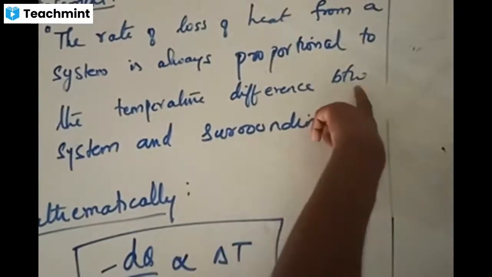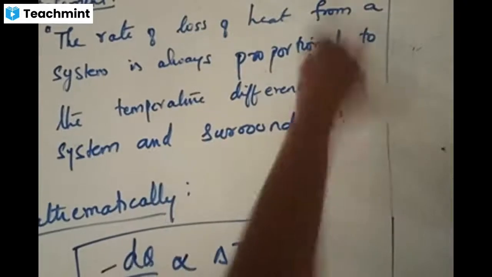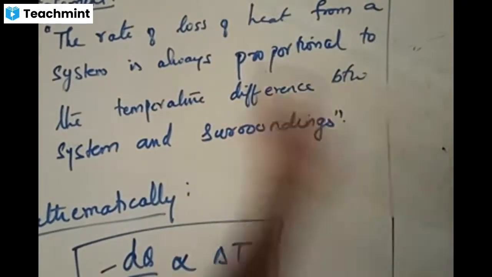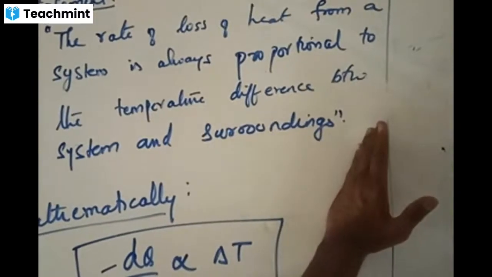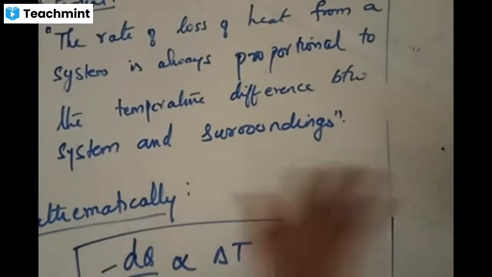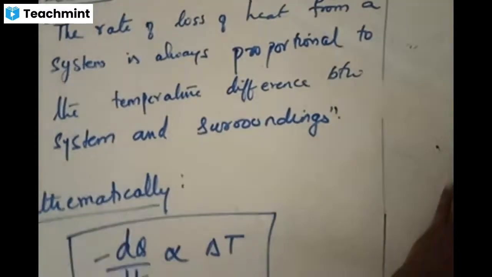The initial difference is large, so the loss is more. After some time what happens? The difference would be less, and loss of heat also takes place at a lesser rate. Accordingly the contents will move on. You can practically verify this simply by having a thermometer and a stopwatch and performing this experiment.